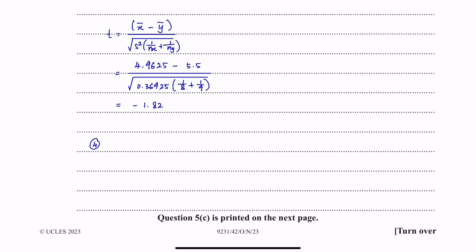So the fourth step, we compare the test statistic and the critical value. Negative 1.82 is less than negative 1.753. So we draw the left side of the graph, and we can see that if this is negative 1.753, this would be the rejection region, and this would be the acceptance region.